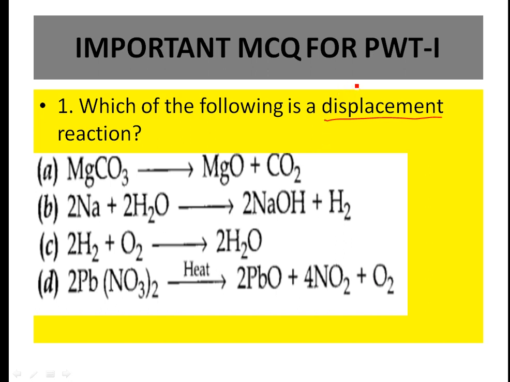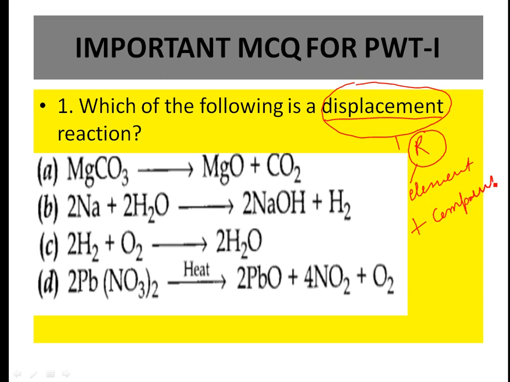Dear friends, the best way to recognize a displacement reaction is that one reactant must be a molecule of an element and the other reactant must be a molecule of a compound.